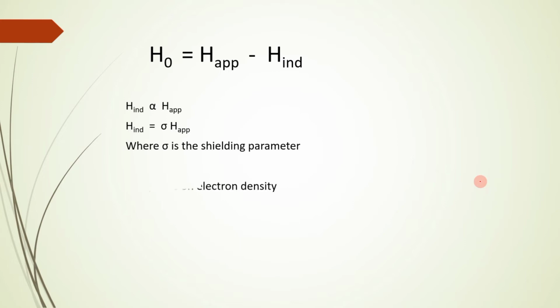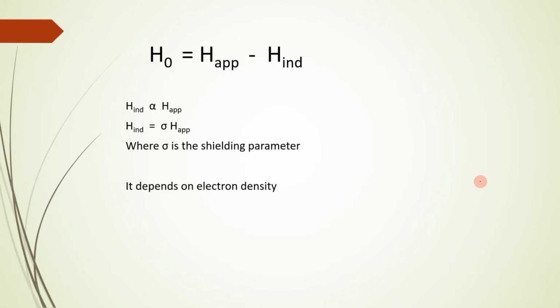This shielding parameter value depends on electron density. As the electron density increases, more electrons will rotate, and the magnetic field produced will be greater. So thus the shielding also.